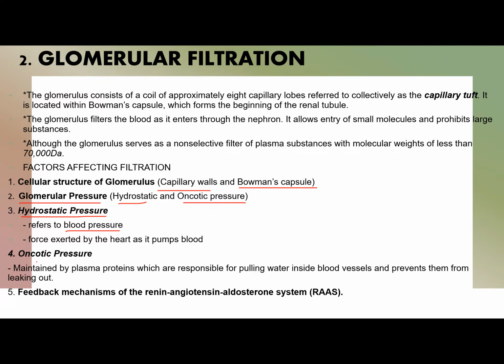And then we have your oncotic pressure. This is maintained by plasma proteins, which are responsible for pulling water inside the blood vessel, preventing them from leaking out. And another factor affecting filtration class is the feedback mechanism of the RAAS or the renin angiotensin aldosterone system, which explained later.